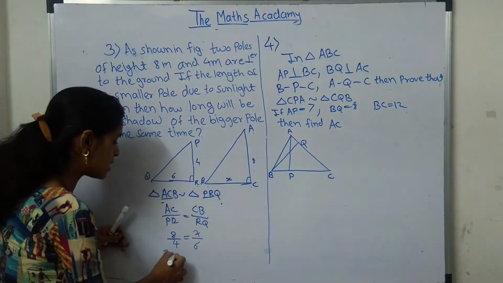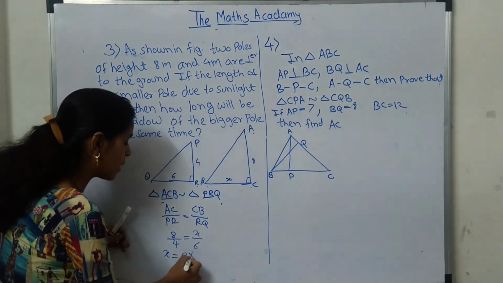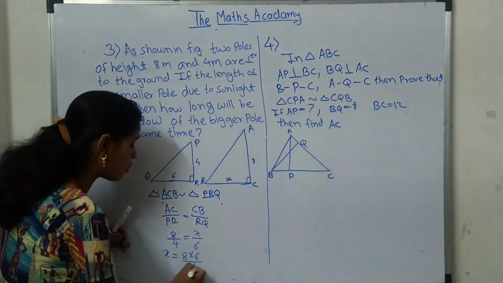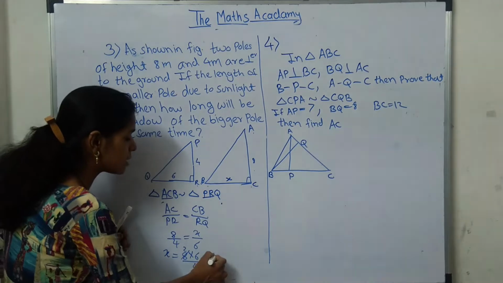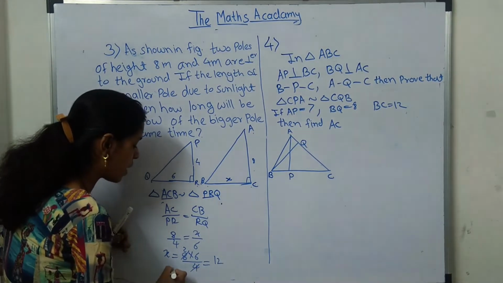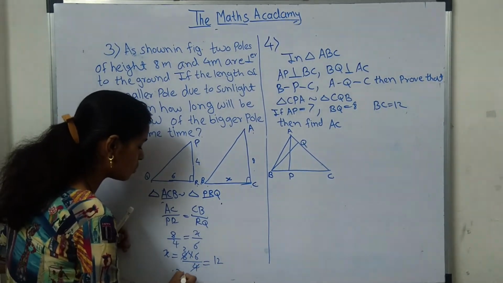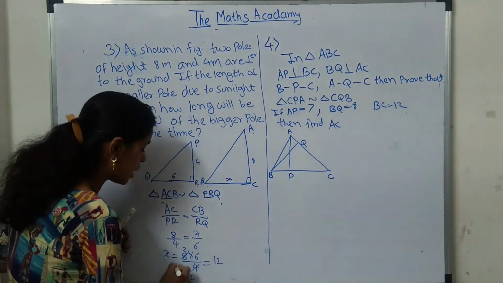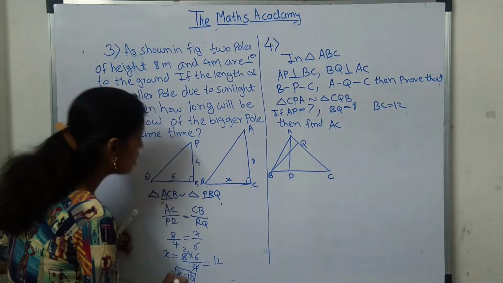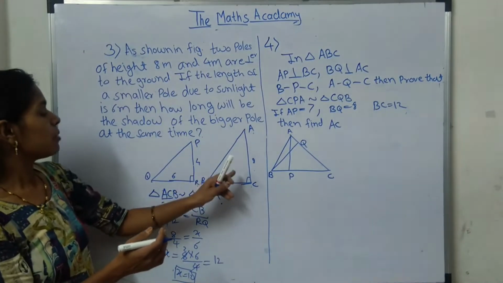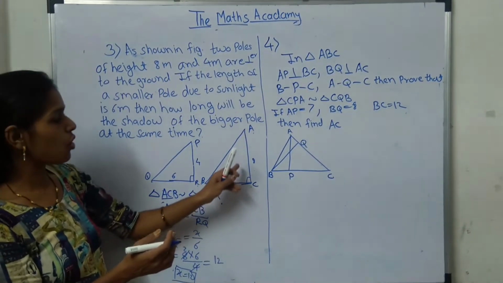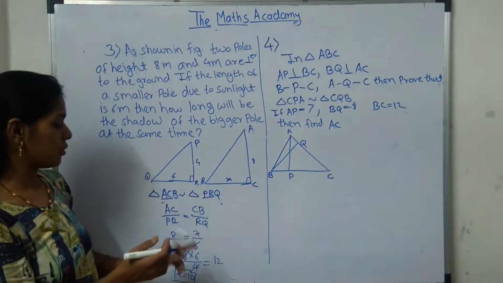So x is equal to 8 multiplied by 6 upon 4. If you solve this, 4 1s are 4, 4 2s are 8 and 6 2s are 12. So the value of x is equal to 12. And this is question number 3. In this way the length of the shadow of the bigger pole is 12 units.